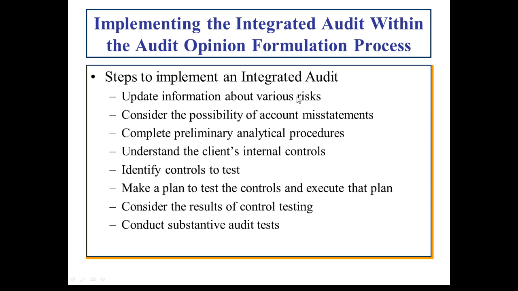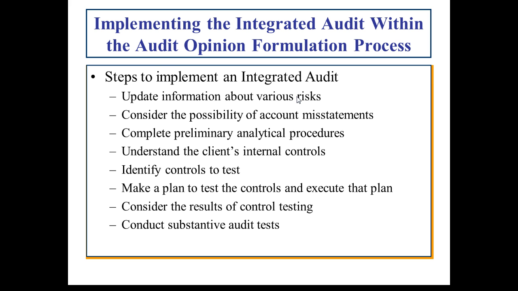So what are we going to do to start out this integrated audit? We're going to continually update the work papers on various risks that may be in place. We're going to look at where we could have some misstatements in the accounts. We'll do some preliminary analytical procedures like what you guys did with Built Right.